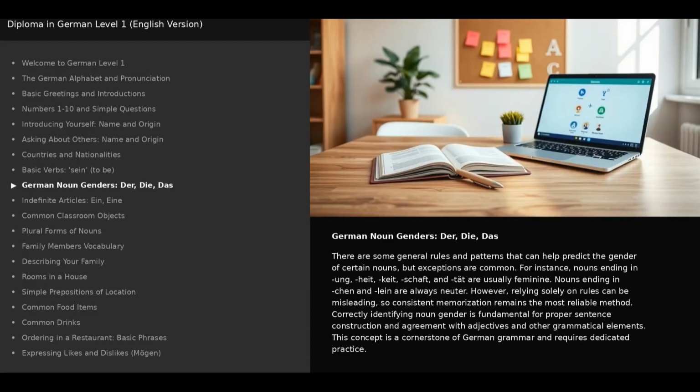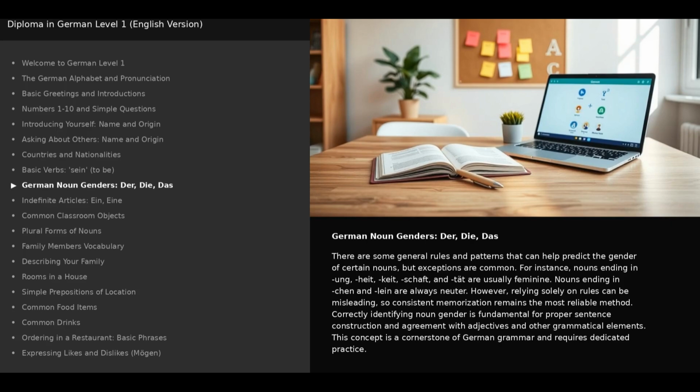There are some general rules and patterns that can help predict the gender of certain nouns, but exceptions are common. For instance, nouns ending in -ung, -heit, -keit, -schaft, and -tät are usually feminine. Nouns ending in -chen and -lein are always neuter.